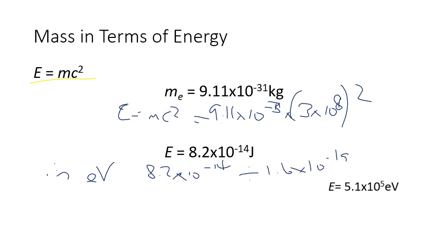If you press your engineering button on your calculator, then that'll come out at 511 times 10 to the 3. And if you press it again, you get 0.51 times 10 to the 6. And that's actually how physicists use that. The mass in terms of energy of an electron is half an MeV, half a mega electron volt, half a million electron volts. So 0.51 MeV.